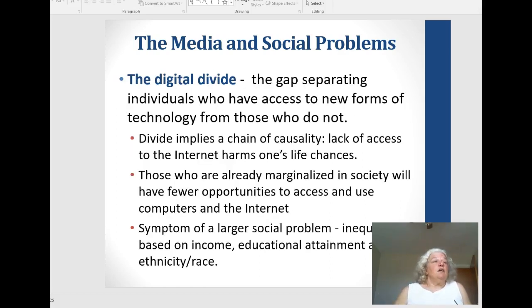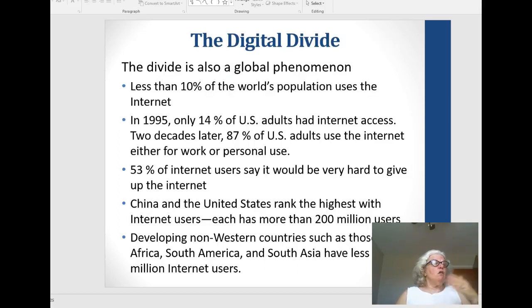And what's that affecting? We have the digital divide and who has access. Is it part of a right to have access to the internet? Yet we know in society that people are held back when they don't have that opportunity to work at the same level. And so we have this digital divide going on.